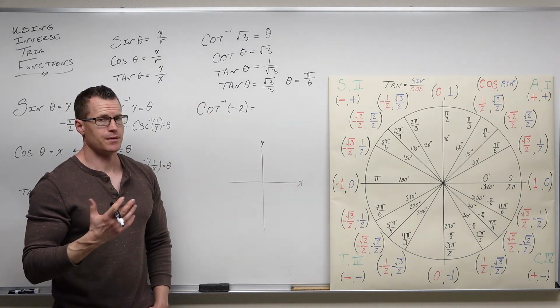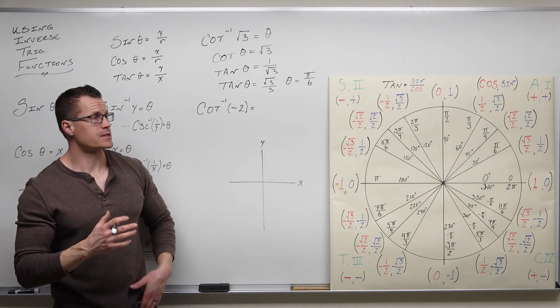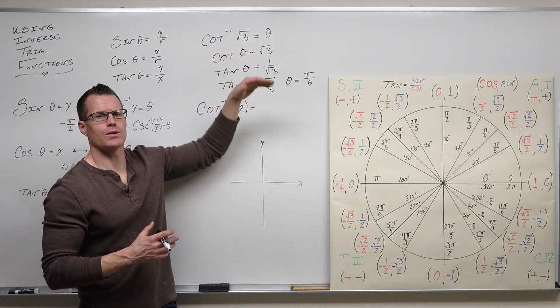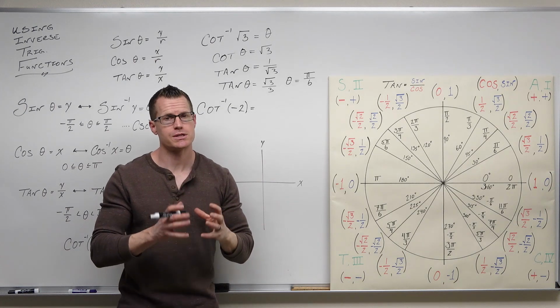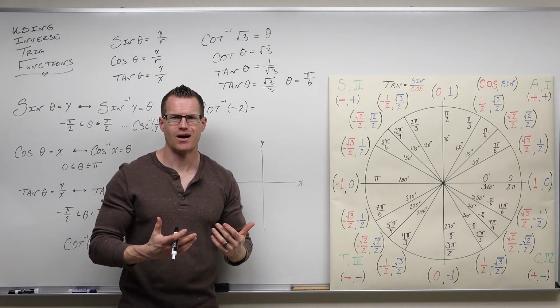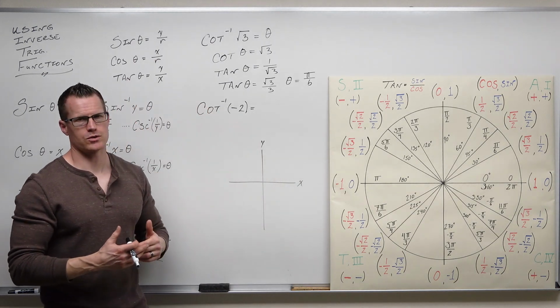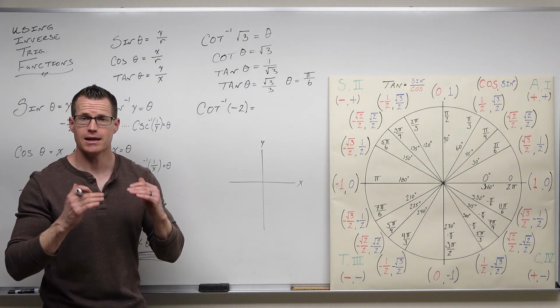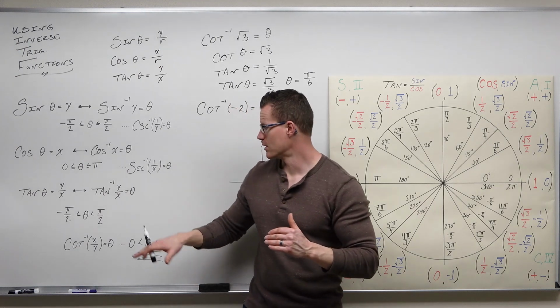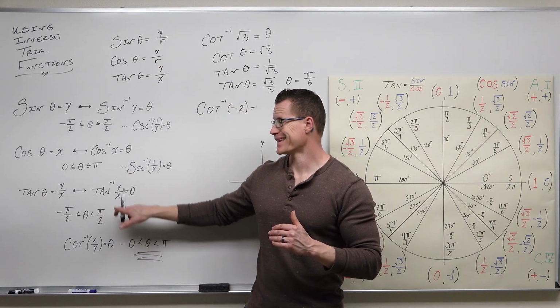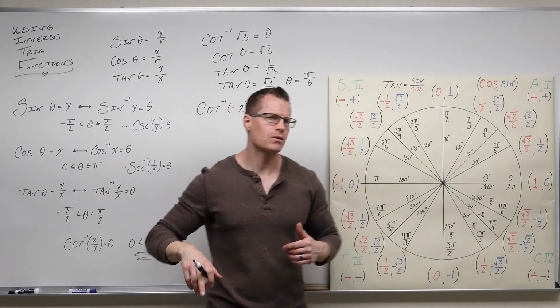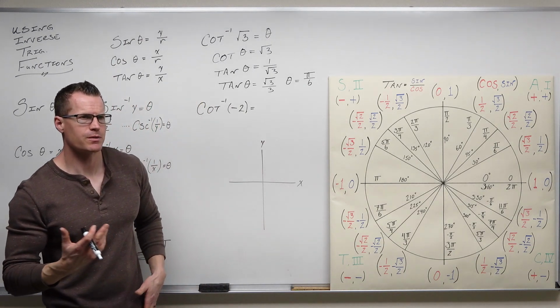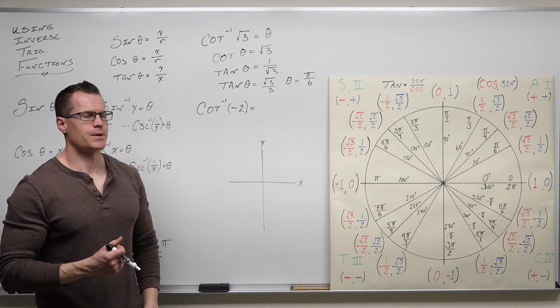So the only way that this actually works is if this is giving you an angle that's in quadrant 1, then use tangent. So what if it's not in quadrant 1? Well, then we have to find a trig function that's in the same interval as this is. That's going to be cosine. So let's take a look at cotangent inverse of negative 2. It's probably the most difficult problem we'll do here.